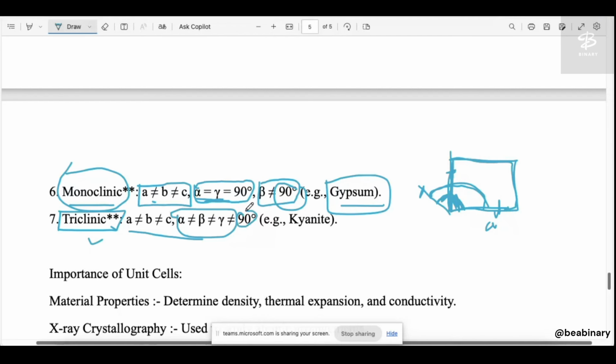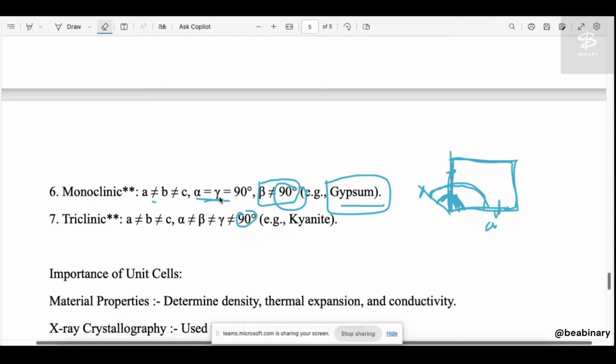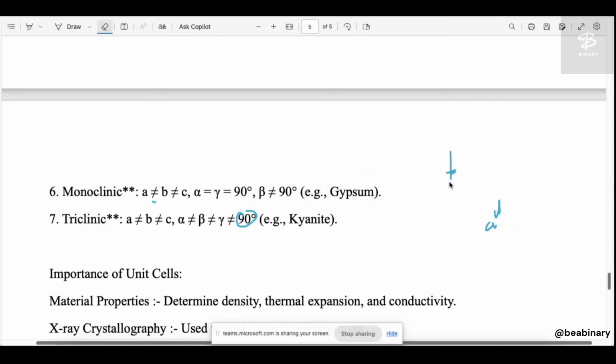I mean, alpha, beta, gamma are not equal to each other, but also none of them must be equal to 90 degrees. Got the idea? So this is how we differentiate the seven kinds of crystal structures according to your syllabus, right? There are more as well, but mostly we need to know only these.